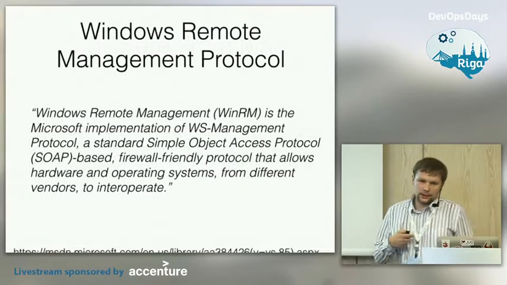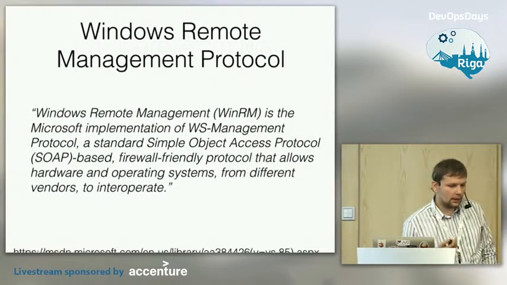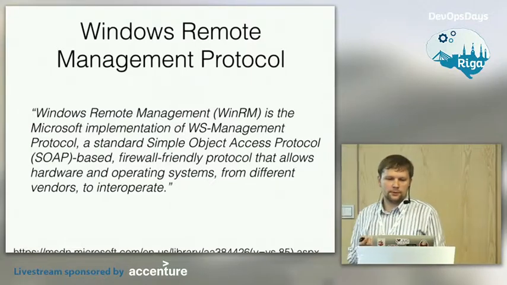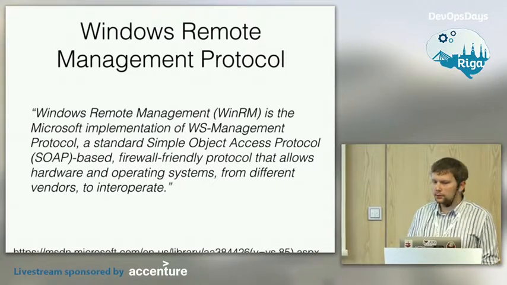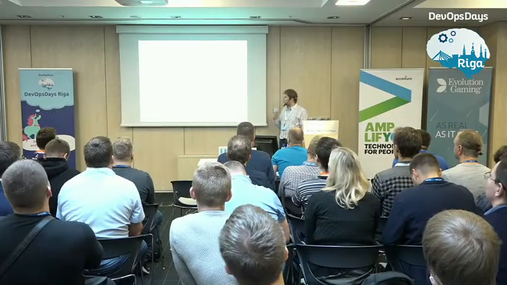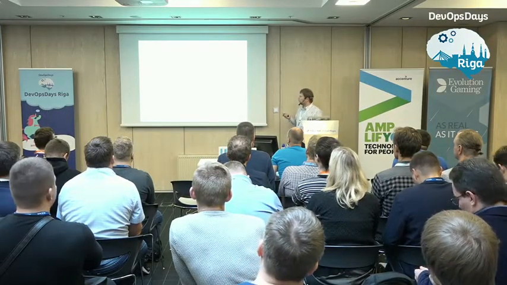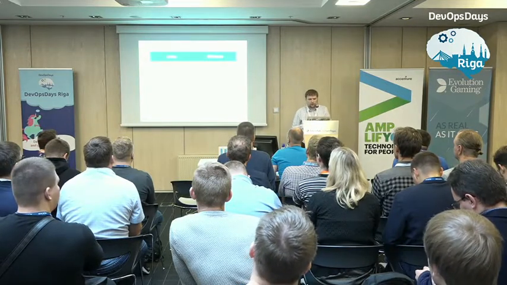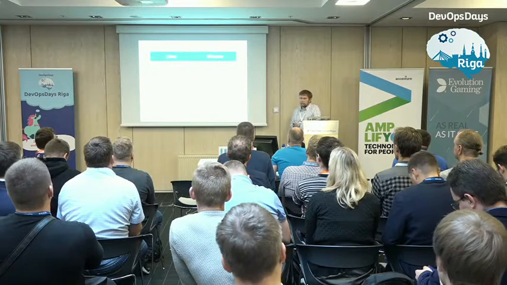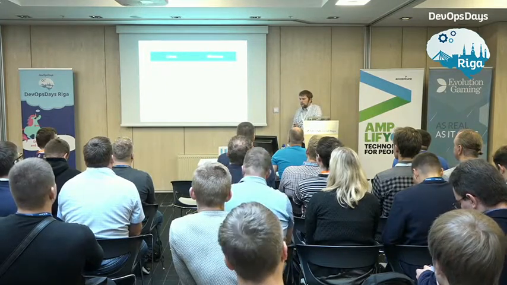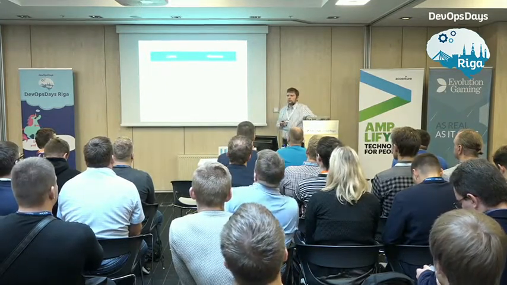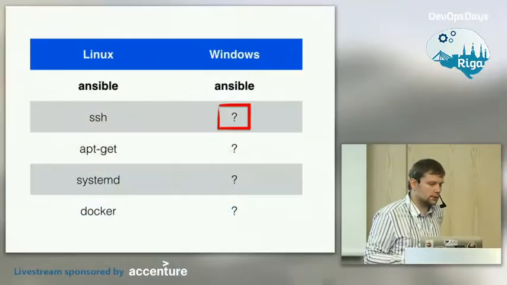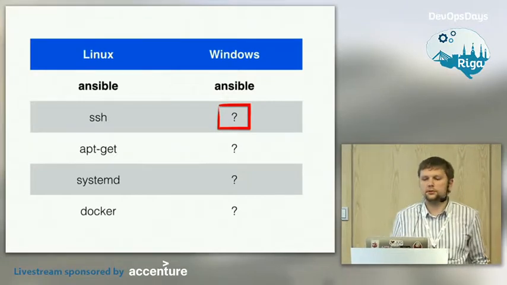Again, I got interested. I Googled and found that RM actually stands for Windows Remote Management protocol, and it's something based on SOAP, but it exists. And it's firewall friendly, which means that it works based on HTTP. Okay, so if we follow the tutorial, we should be able to connect from Mac to a Windows machine using the Ansible scripting tool.